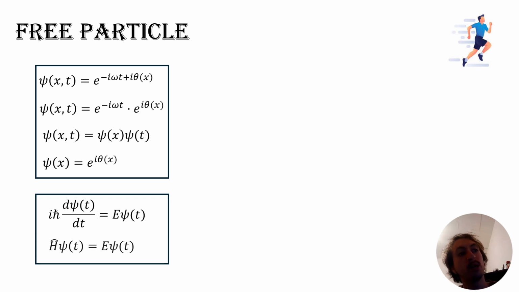Or writing it another way, we can say that some differential operator called the Hamiltonian, which is essentially proportional to a first order derivative in time, acts on our time-dependent wave function to give us the energy times the time-dependent wave function, or I should say the time-dependent part of the overall wave function.